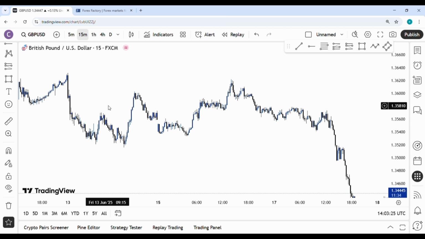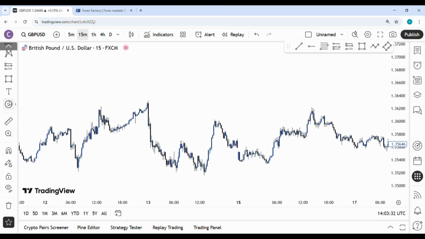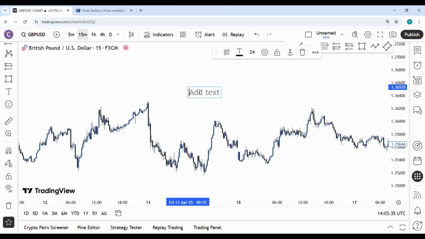So now, first of all, DXY is the US dollar index, which means DXY is the Oga Pata Pata for any pair. Example, GBPUSD, EURUSD, NZDUSD, AUDUSD.